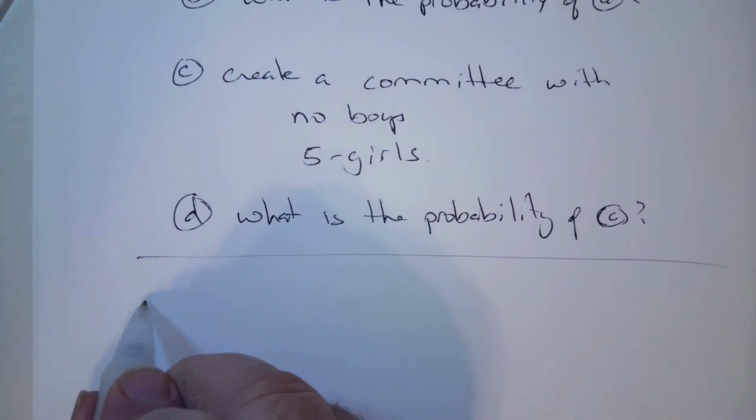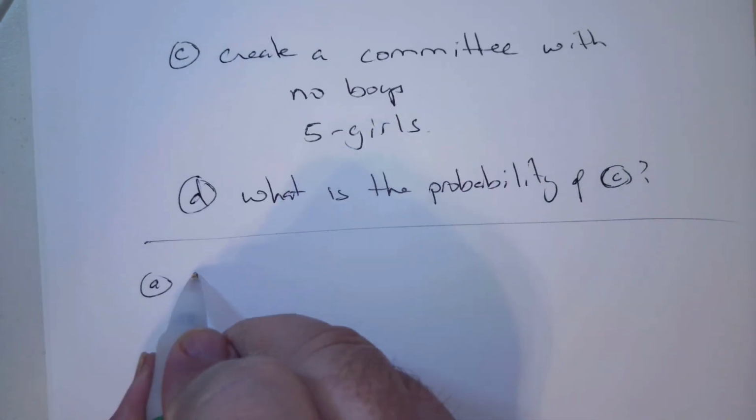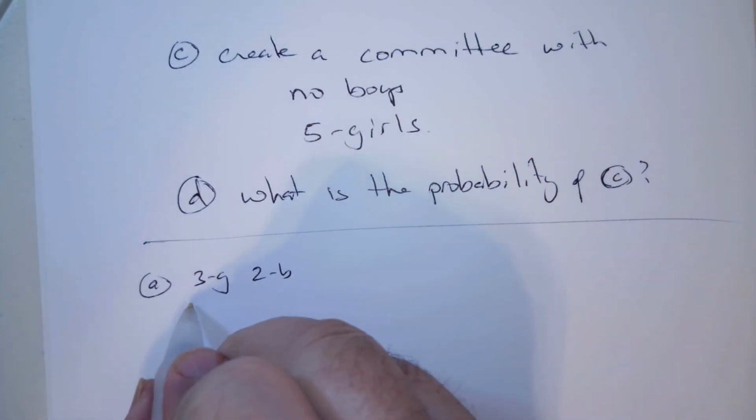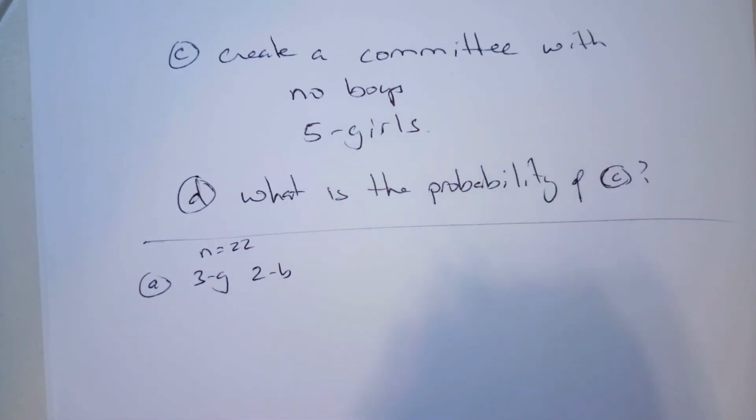Let's look at this. A. We need 3 girls, 2 boys. And N is 22. Doesn't matter how you choose them. Order is not important. They're each going to be inside the committee.